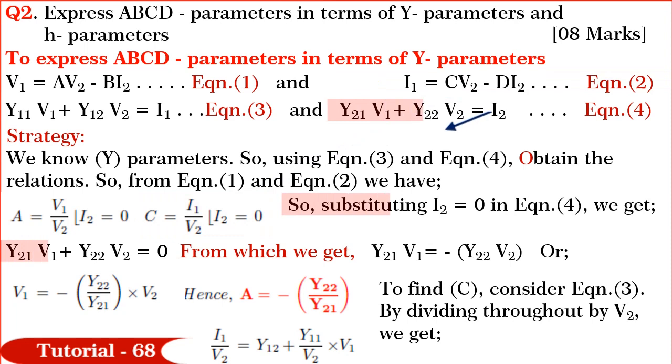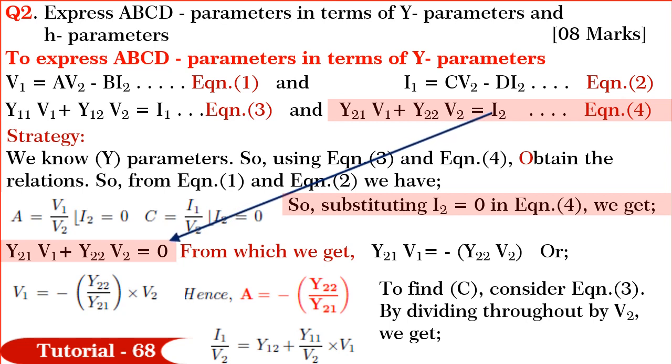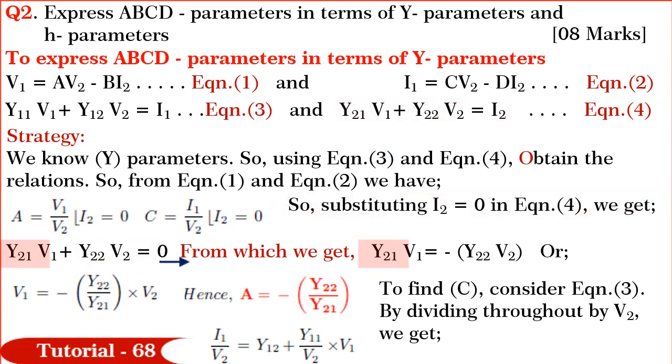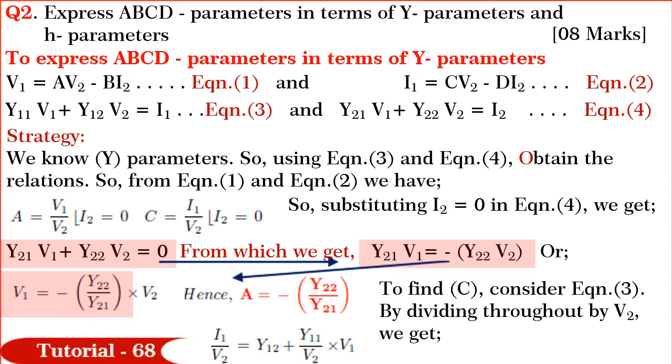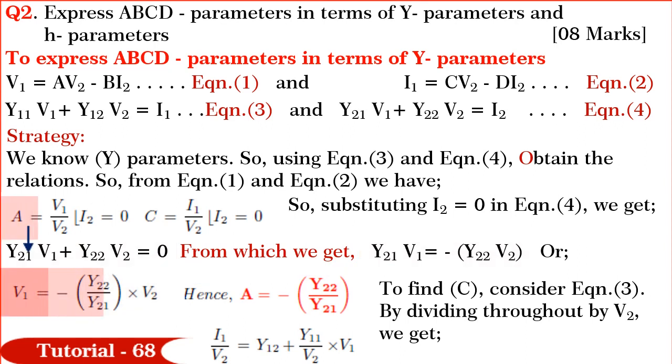So, forcing I2 is equal to 0 in equation 4, we get Y21 V1 plus Y22 V2 is equal to 0, from which we get V1 is equal to minus Y22 divided by Y21 into V2. Hence, A is equal to minus Y22 divided by Y21.